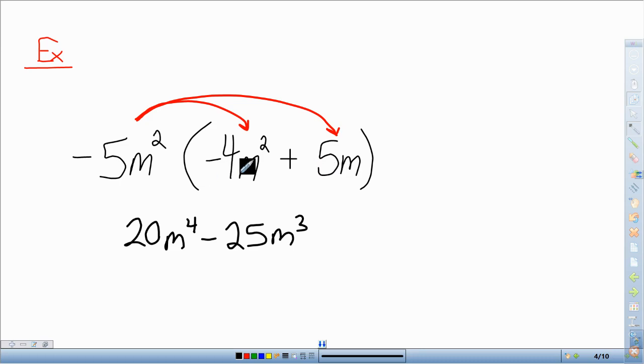After we multiply our polynomials, we're going to end up with multiple terms sometimes, and we need to make sure that we can't go another step. If these both happen to be m to the power of 3s, say this was a 3 here, we would actually be able to combine like terms and go another step. Okay, but they are not like terms because they don't have the same exponents. So that's how we know we're done and it's simplified as possible.